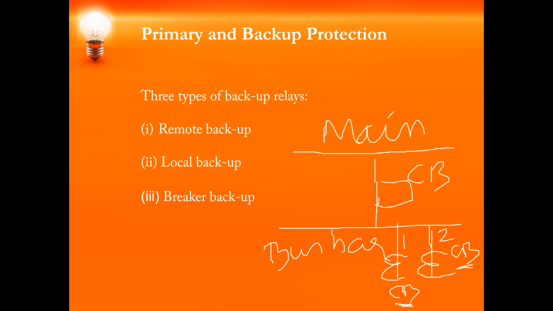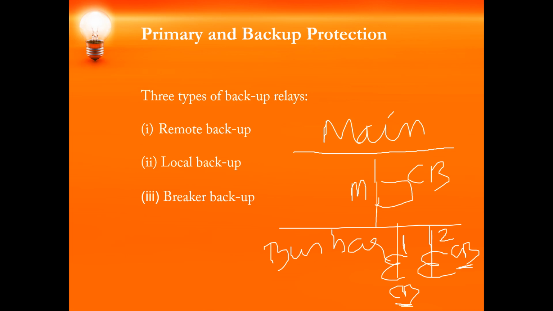In case there is a fault in this particular circuit breaker, which circuit breaker? The line 1 circuit breaker. If there is a fault, then this circuit breaker, which is the main circuit breaker, has to operate. That is called backup protection.